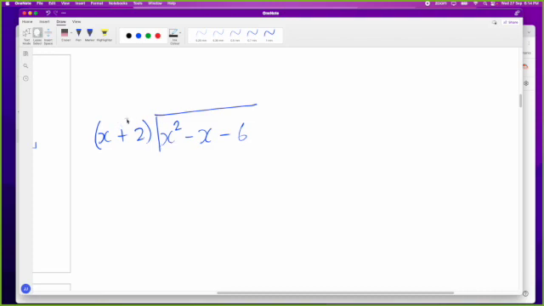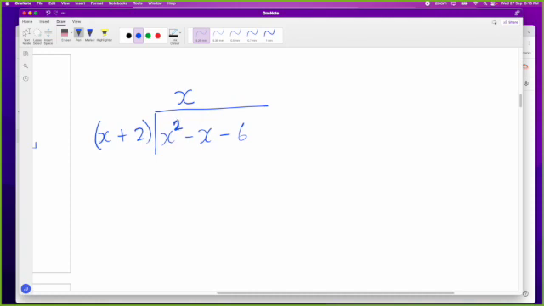So the first thing that I would need to notice is the highest power is this square over here. And so in order to get that square, I will need to multiply this x by some other x. So you look at the highest power.